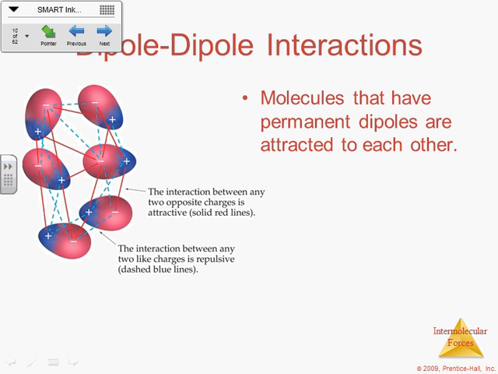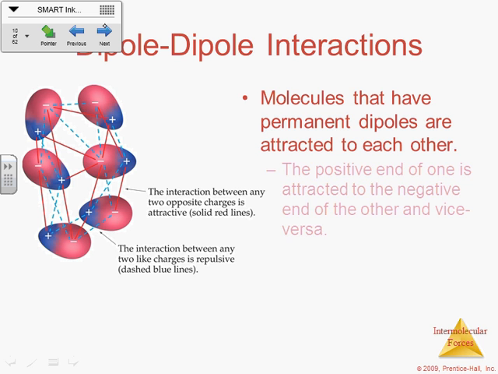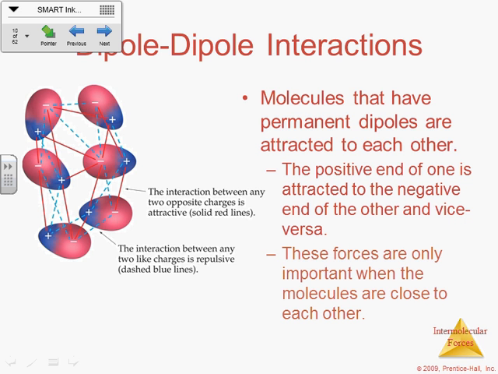You just have positive attracted to negative, and these are going to be less strong than the intramolecular forces, the covalent bond, but they are fairly strong. These forces are important when the molecules are close to one another, because again, these aren't very strong charges.